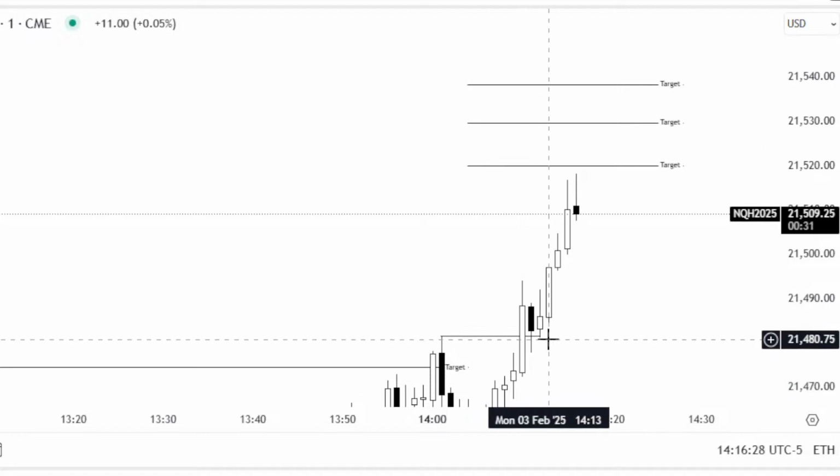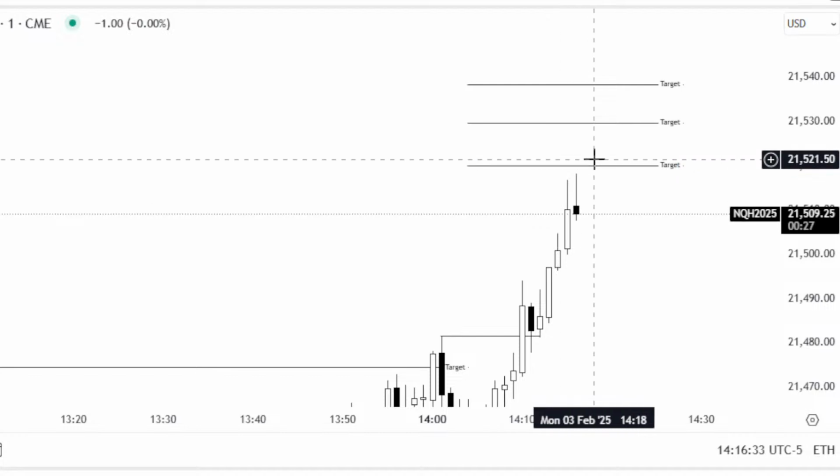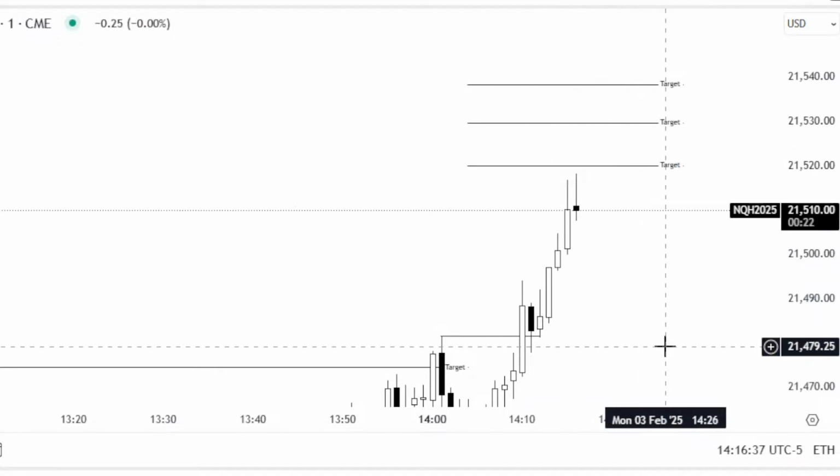So if this black candle down here, this white candle closed above that, that would have been a nice entry to that 520s. Well, nice trade to take those 520s.